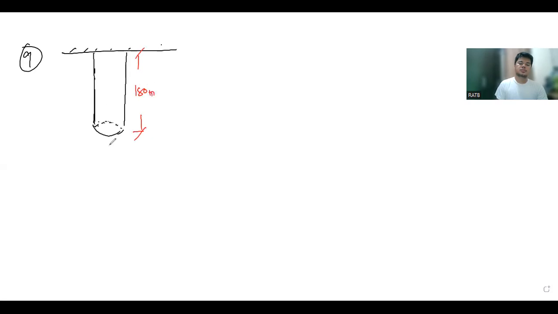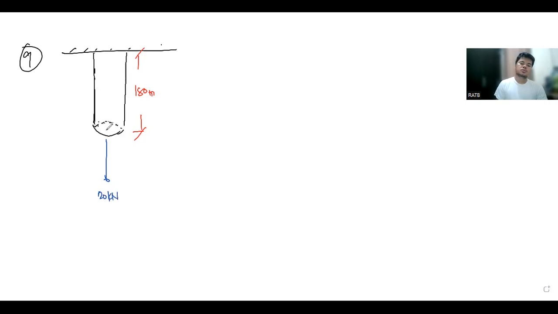In the rod, there is an attached load of 20 kilonewtons.